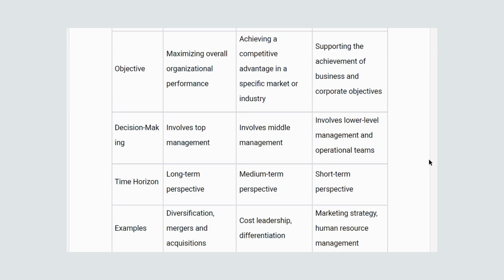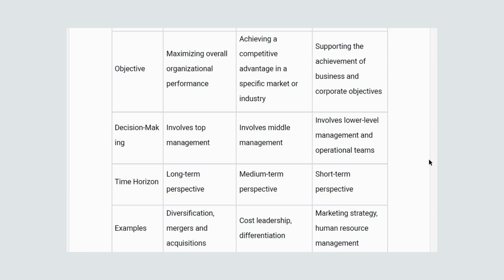And when we talk about functional level strategies, the main objective is to support the achievement of the business and the operational functions. When we talk about decision making, in corporate level strategy it involves the top management. They make the decisions for the strategies. In business level strategy, the middle level management takes the decisions. And in functional level strategy, the decisions involve the lower level management and the operational team.